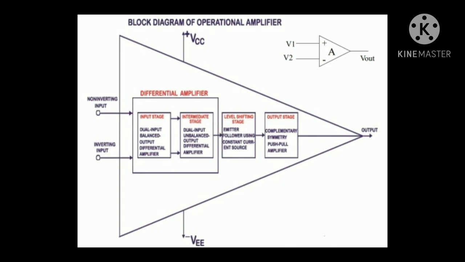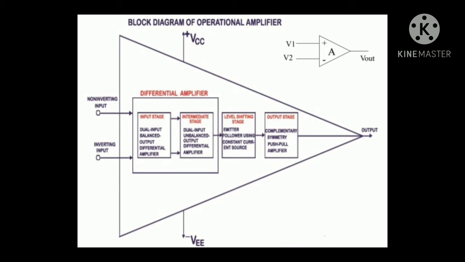What does it mean? That we can shift the signal so that its base is 0. In the previous stages, the signal shifts itself from the 0 level, so it is necessary to control this shifting, and this is done with the help of this level shifting stage.